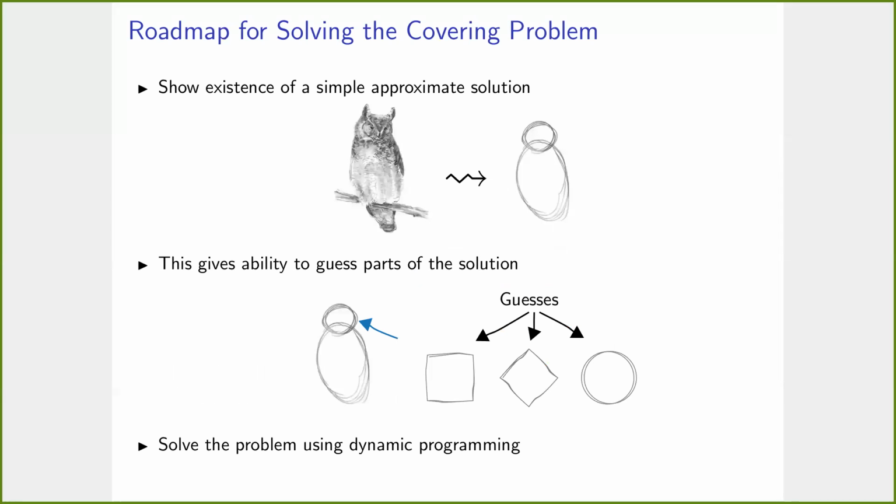So the basic roadmap for solving this problem is very simple. We first start by showing that there exists a simple but very structured solution, which is not optimal, but close to optimal, in this case up to a factor of 2+ϵ. Even though it's not optimal, on the other hand, it is very simple and structured, and this will come in handy for finding this particular solution.